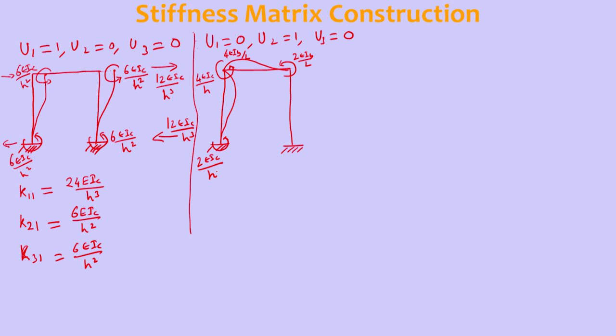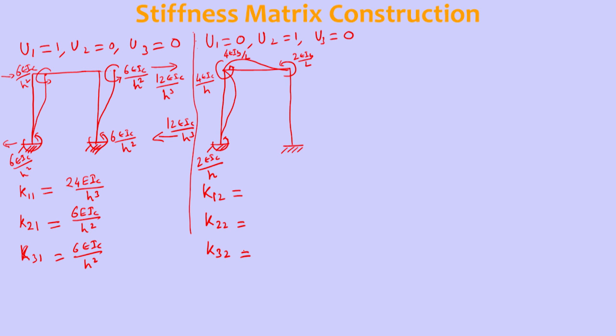Now, let us develop the stiffness coefficients from this one: K12, K22, K32. So K12 is, this is an anticlockwise moment here, anticlockwise here. This is the beam reaction, the beam moment.